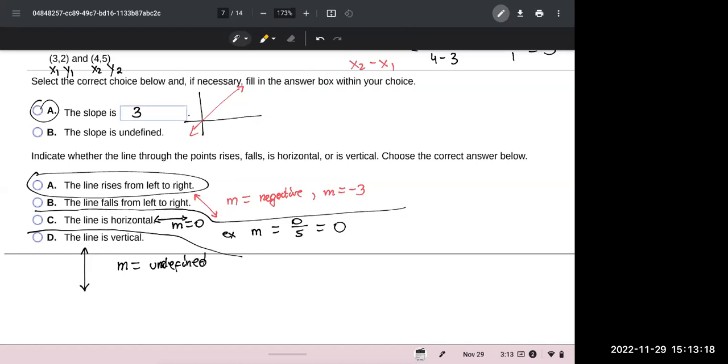So slope is undefined. That means when you calculate the slope, you will have to divide by 0. So we know that we never ever divide by 0, so this is undefined. Okay, so when you will have to divide by 0, your slope will be undefined and you will know that you have vertical line. Okay, so just review that a little more.